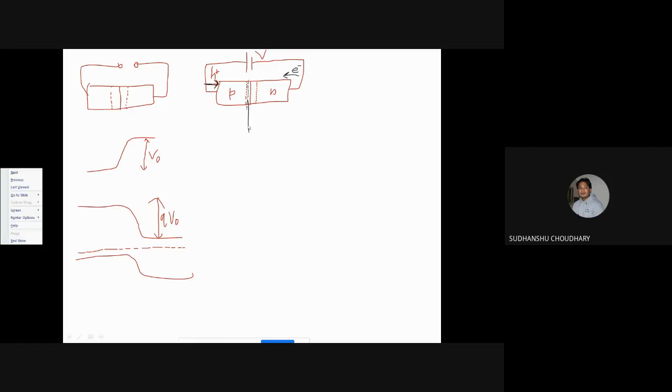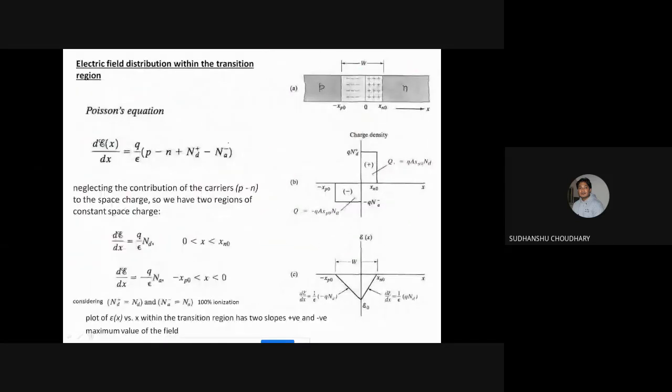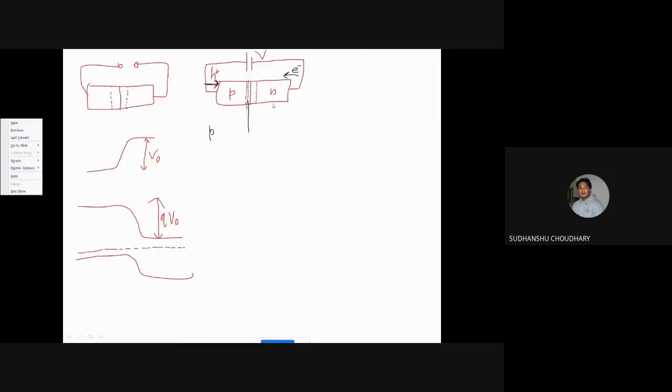Why should it shrink? Again, one can relate that to the space charge neutrality, that is, total positive charges should be equal to the total negative charges. We had written here p minus n plus Nd minus Na. So this should hold true across this entire device also.